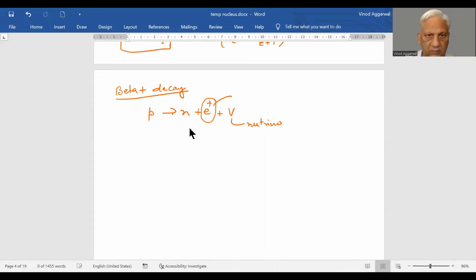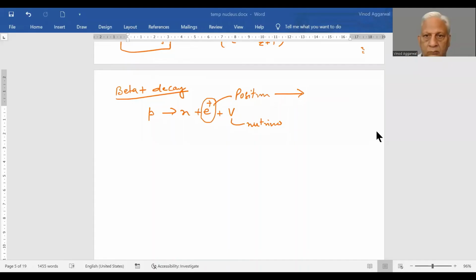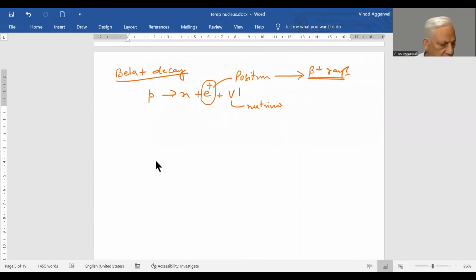This is called a positron, and this constitutes our beta plus. And now we do the same treatment to find out the shift in energy levels released in these reactions.